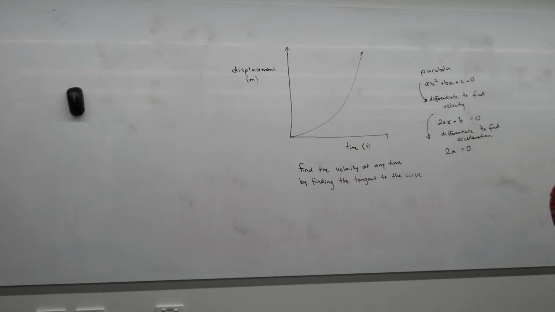Alright, so we're finding the tangent to the curve at any particular time. And this is the mathematical way of doing that, where you can just say you wanted to know the value for the velocity at time equals 3 seconds. Well, then you can differentiate and plug that in and find the velocity. That's easy peasy.